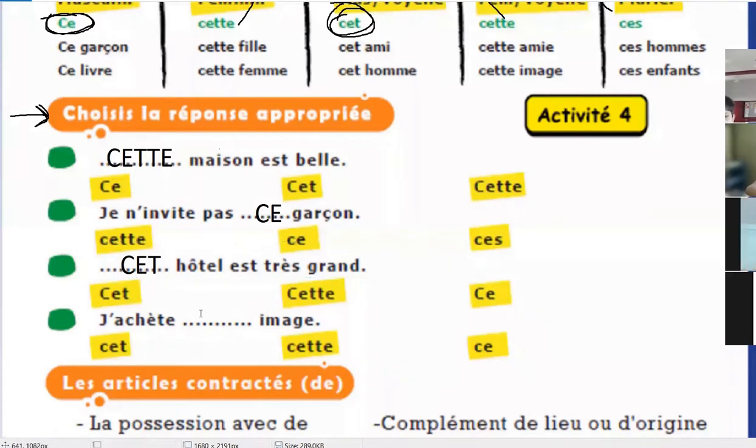Next question. J'achète. Acheter means to buy. And image, I am telling you all, image is feminine. And for feminine, you know very well what to use. So what will be the answer, children? Excellent, from Arjun, Ayush.